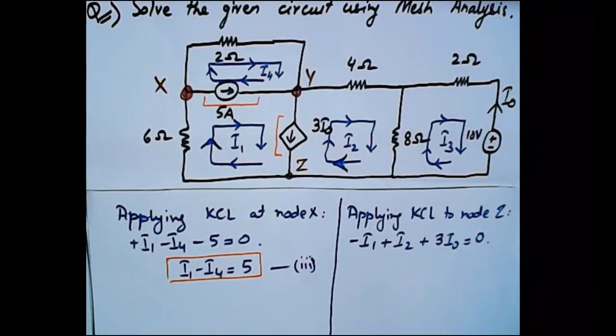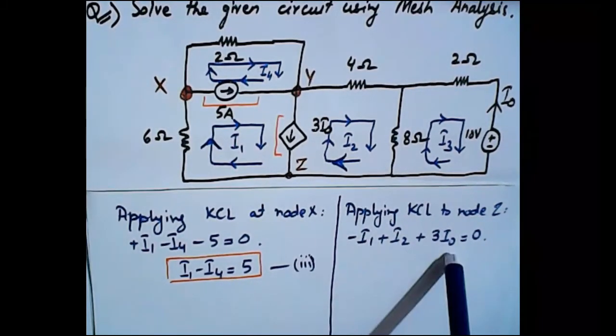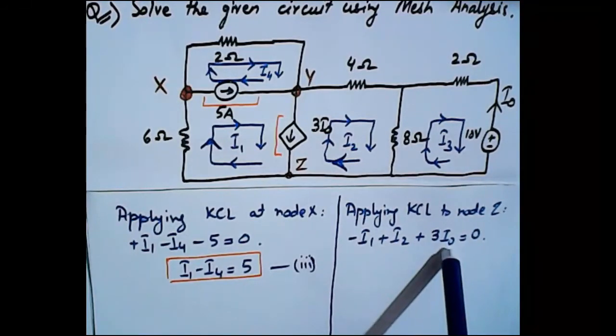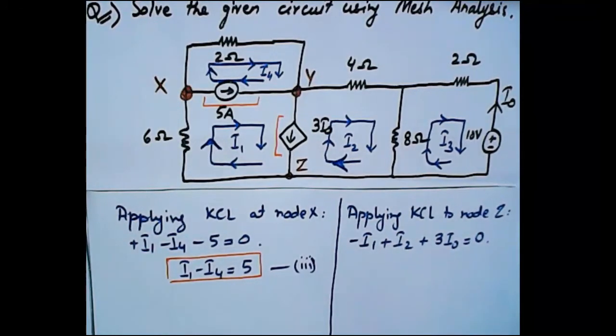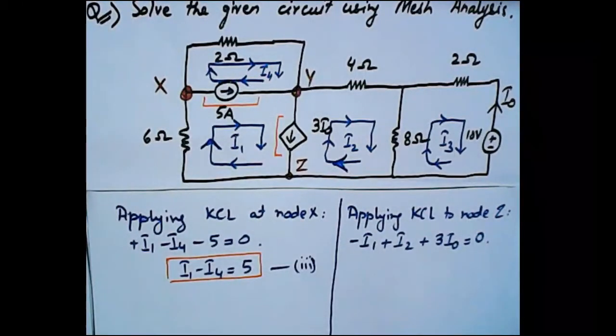Equations 1, 2, and 3 are in terms of variables I1, I2, I3, and I4, right? But in this equation, an additional variable, a fifth variable, I0, is present. Now we need to get rid of this variable I0 so that we can obtain a unique solution.